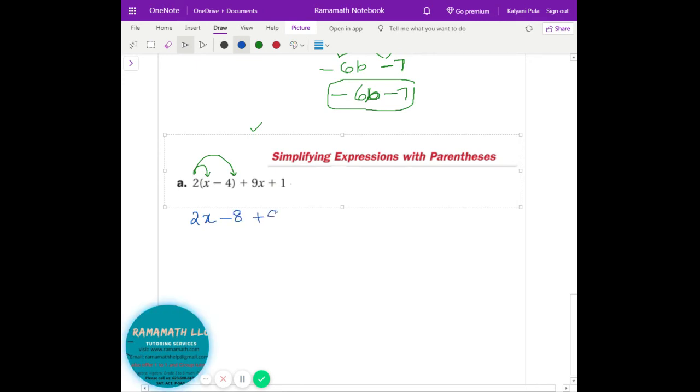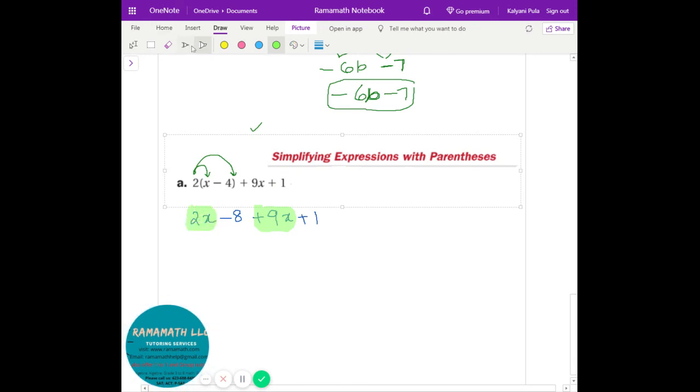Plus 9x plus 1. Now I look for the like terms. Tell me what the like terms are in this. 9x and 2x, and 8 and 1.